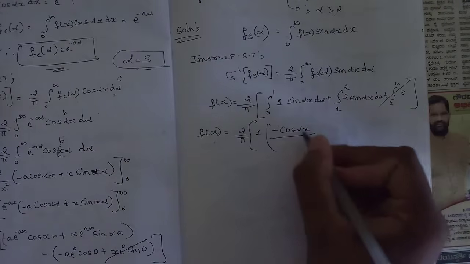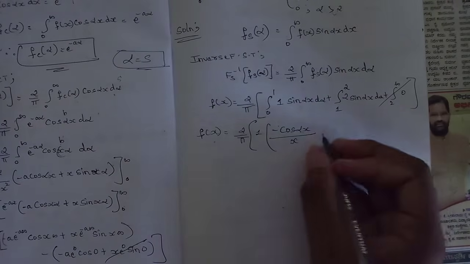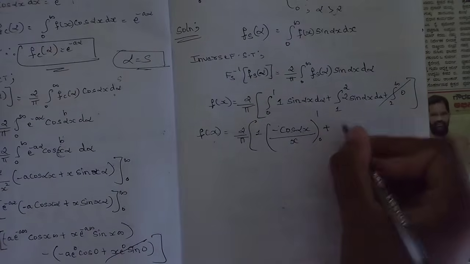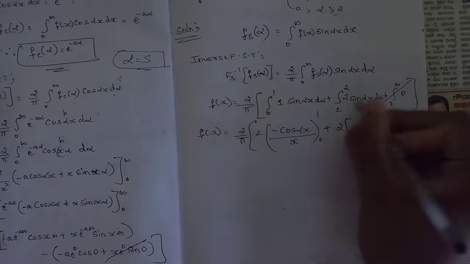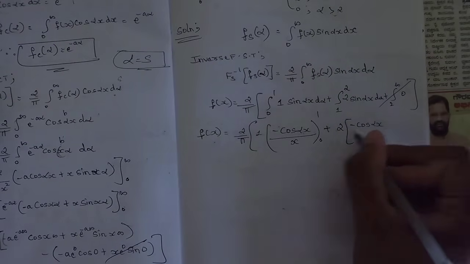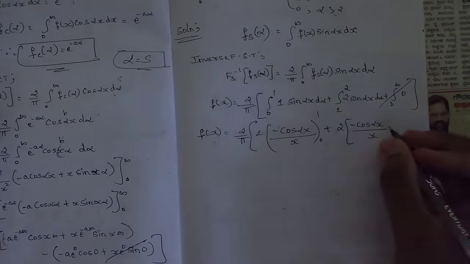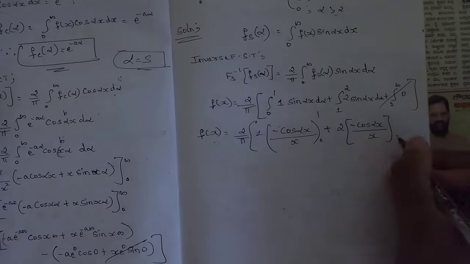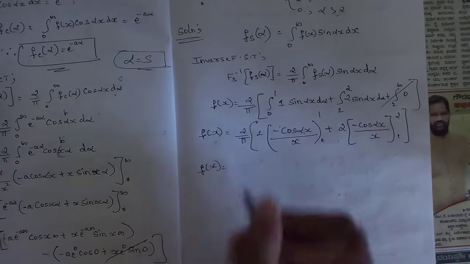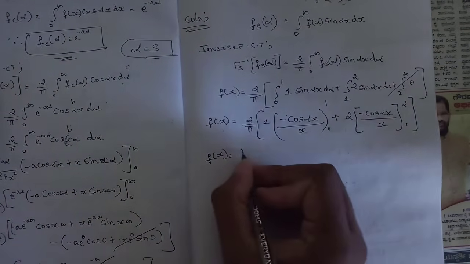So the coefficient of alpha here is x, and the limits are from 0 to 1, plus take 2 outside, into, again the integration of sine is minus cos alpha x divided by x, and the limits are from 1 to 2.